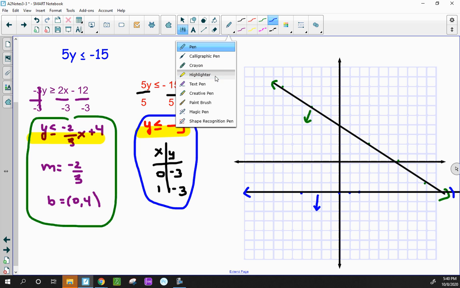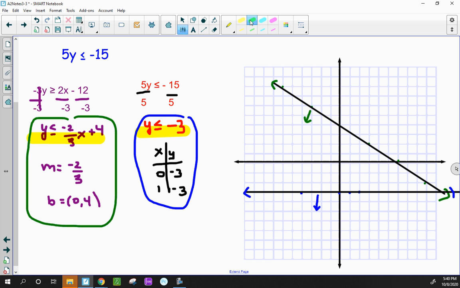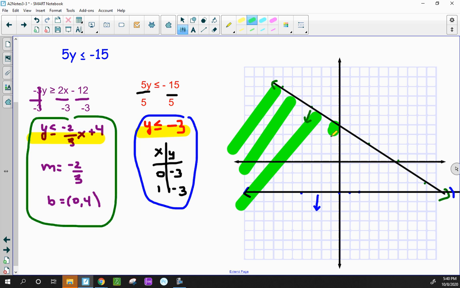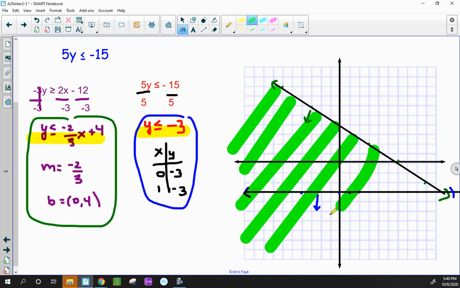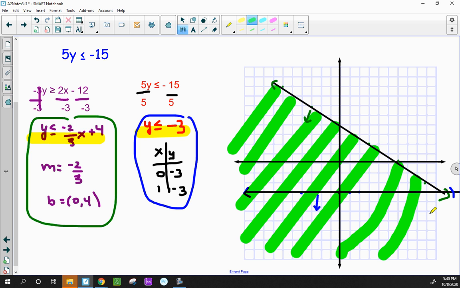So again, I'm going to use highlighters. Let me grab my green. We're going to shade everything below the falling line. And you do want to make sure when you're shading that you shade all the way through. That should be good. And then we're going to go to the blue one, the flat horizontal line, and we need to shade below, so that will be this section.